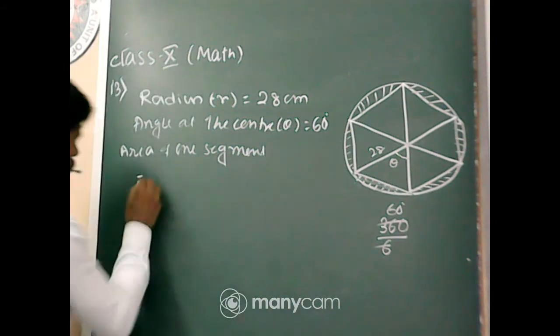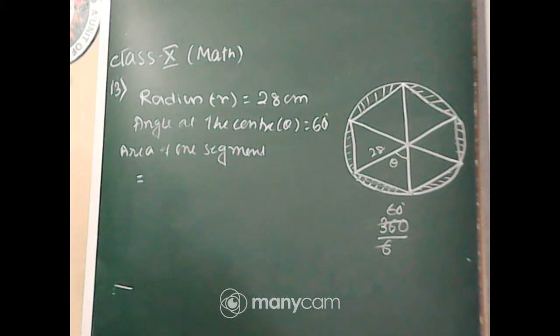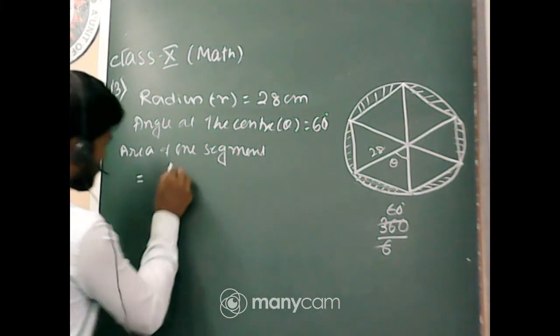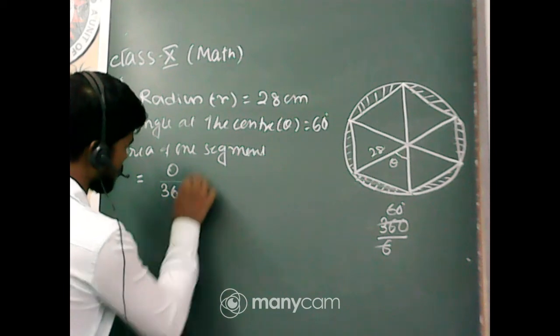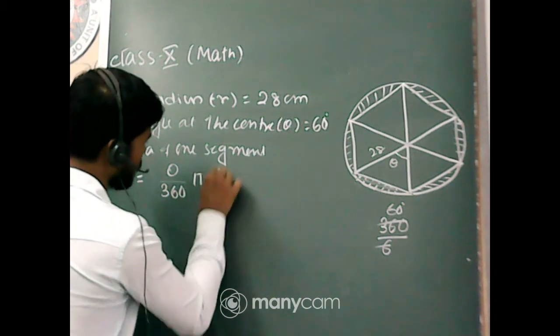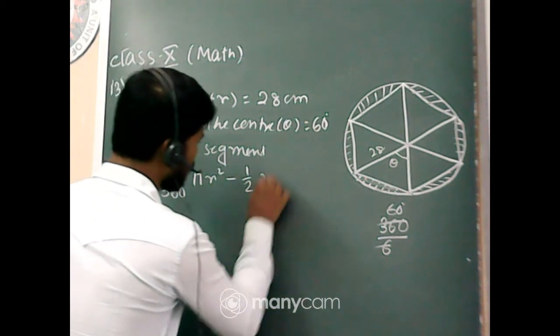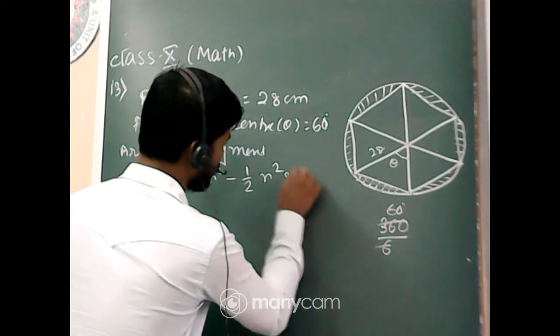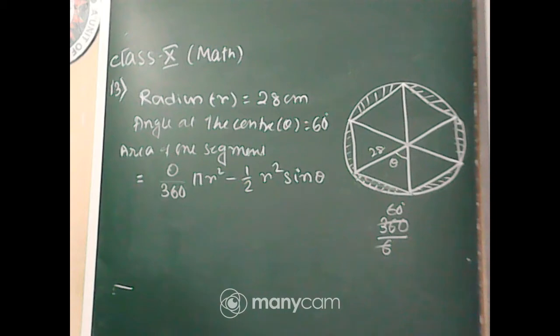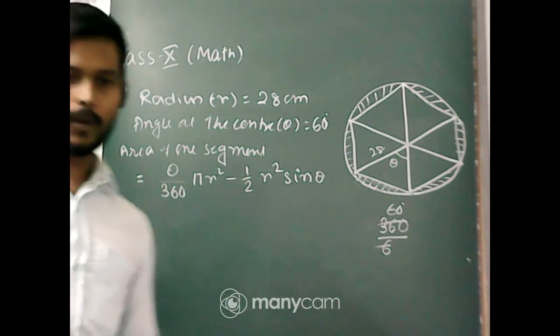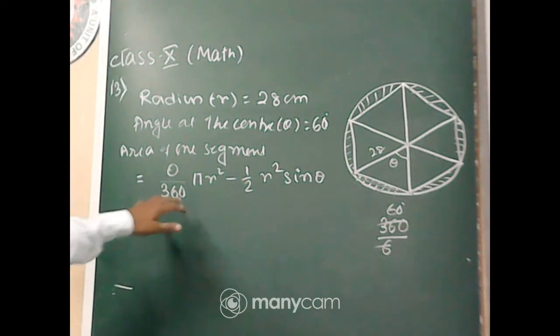Therefore the area of one segment is equal to, now look, we have a formula. The formula is theta by 360 degree pi r square minus half r square sin theta. Now put the value.